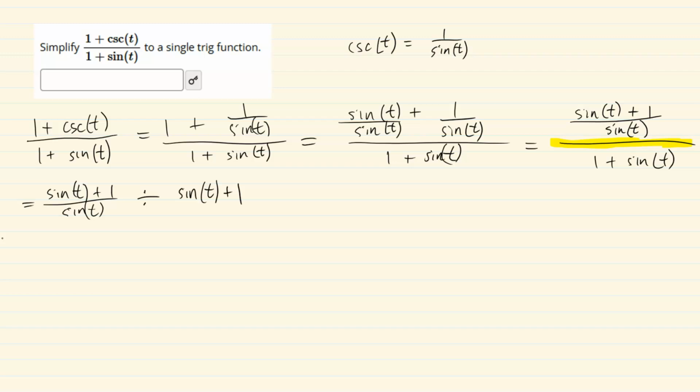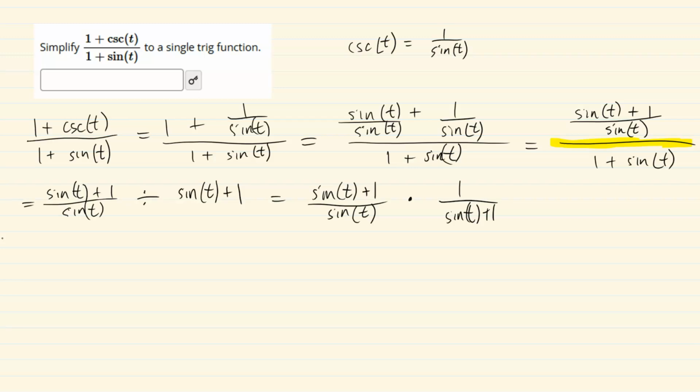Now, we want to change this into a multiplication, and that would give us sine of t plus 1 over sine of t multiplied by 1 over, just take the reciprocal, sine of t plus 1.